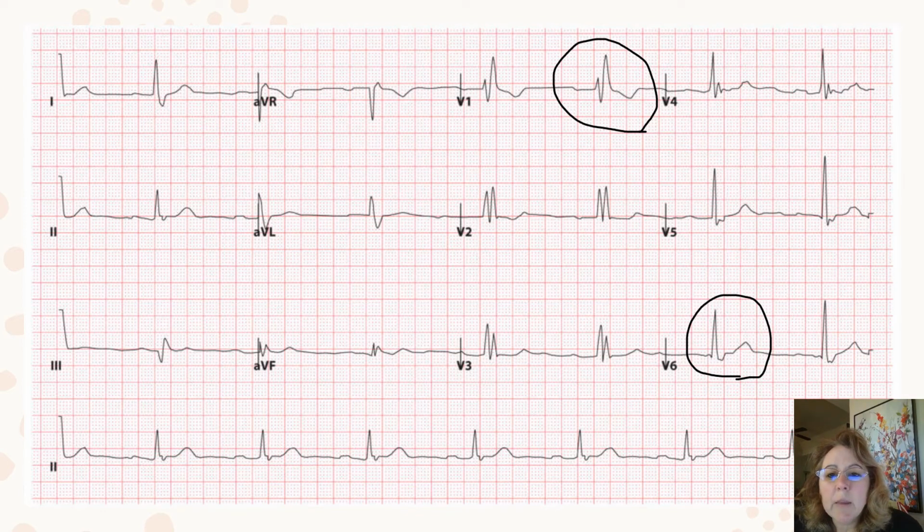So it's wide and bizarre looking. V1 looks very different. There is an RSR prime component, so we have that classic rabbit ear, and it's also primarily upright. And then I look at V6 and I see it looks about like it should. It's got an S component. That's the only thing that's new about this. So I would say this is a right bundle branch block.